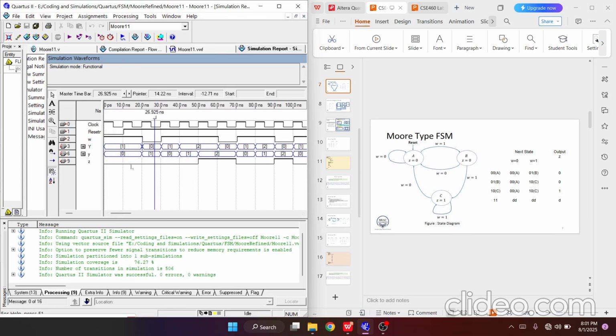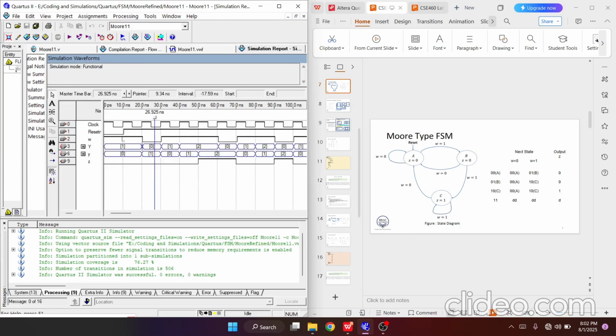Okay, so see, from the beginning, when we are in the first clock cycle, we are applying W equal 1. So at this particular edge, at 10 nanosecond, this is a positive edge, so we get W equal 1. So 1 is detected here.